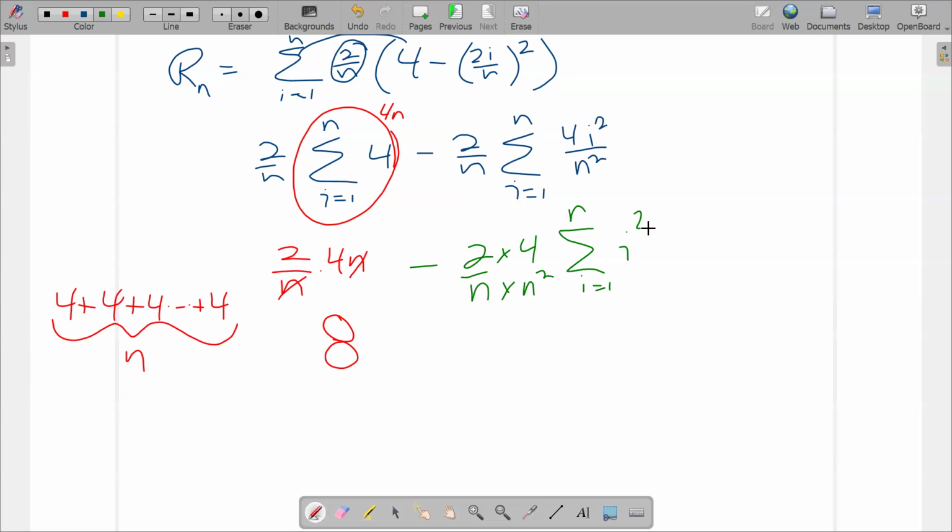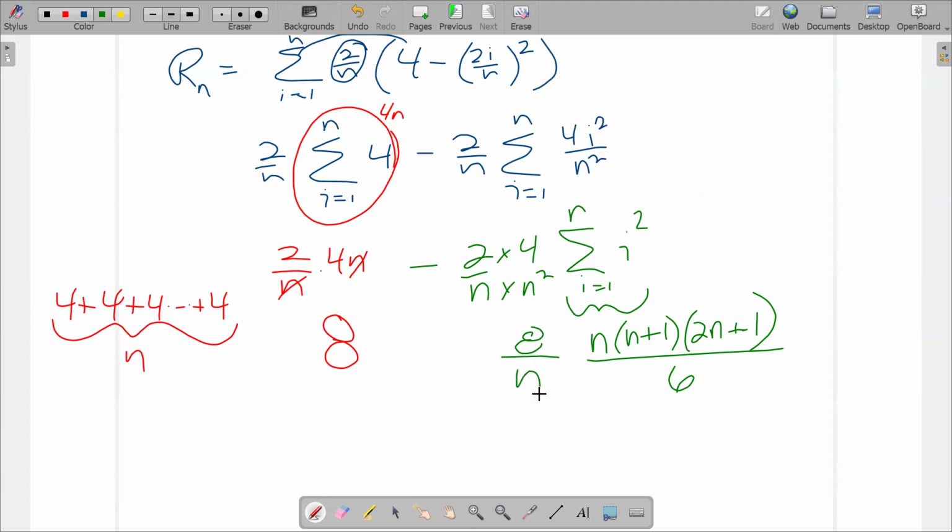I'll just tell you it: it is n times n plus 1 times 2n plus 1 over 6. Multiply that by what we have over here, which is 8 over n cubed.